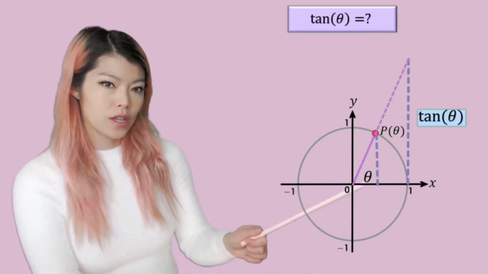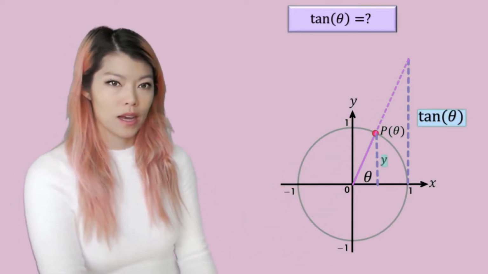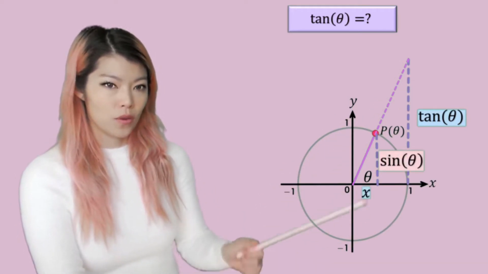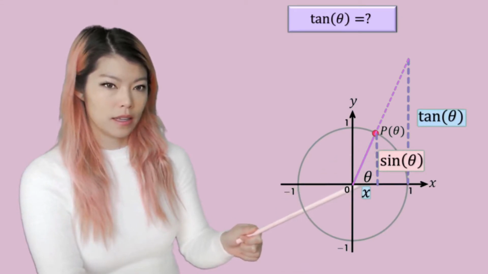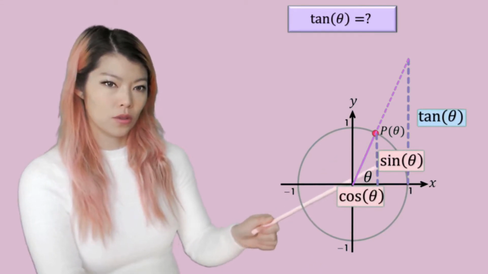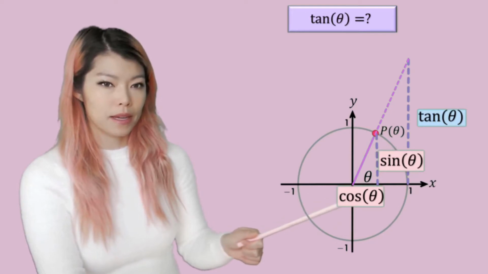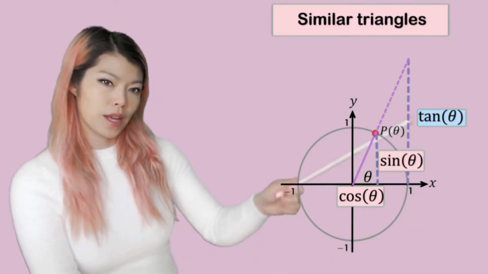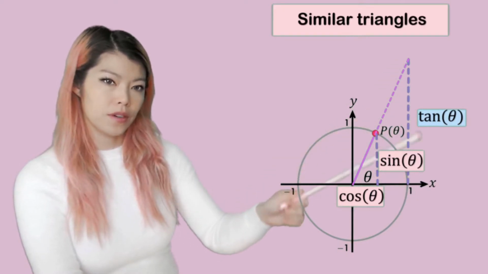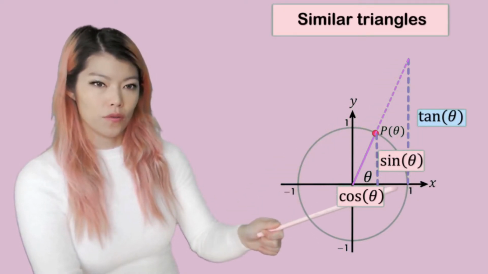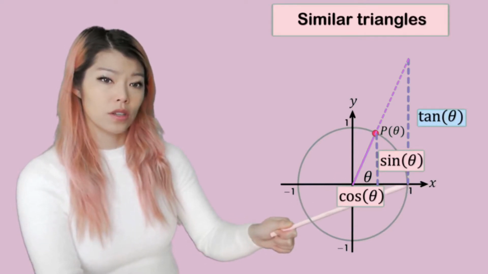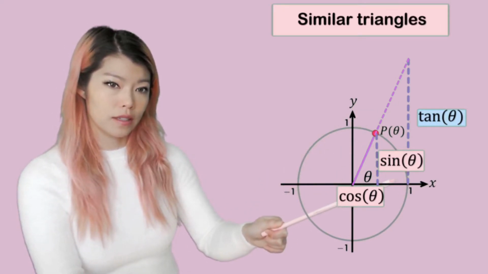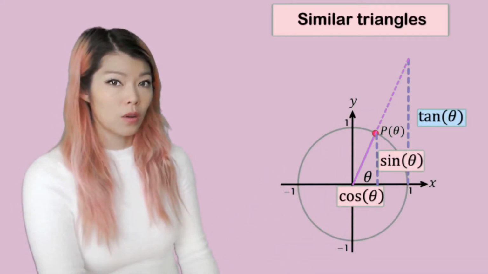We notice that we can draw two similar triangles where the height here is y, the base here is x, or the height here is sine and the base here is cos. Now, based on similar triangles, we have the vertical side tan theta over the horizontal side. The horizontal side for the big triangle is the radius, which is 1.